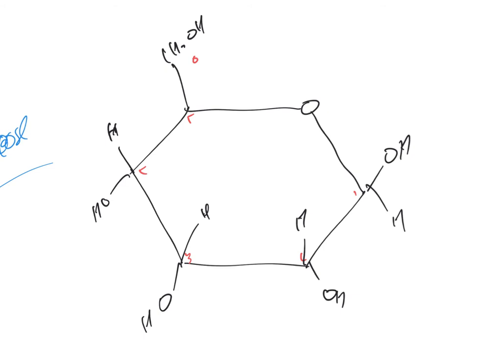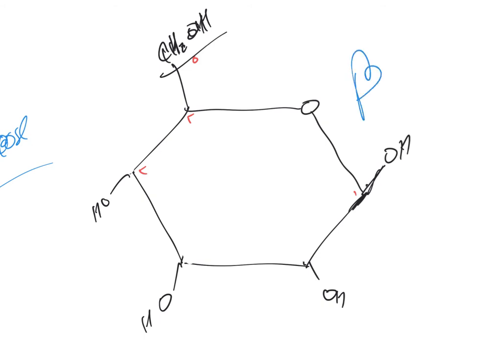I can also just simply do that, that's fine too. So I don't need these extra H's. I can erase them. Okay? I'm being sloppy here because the pictures are good and well drawn on the PowerPoint. So this is beta. This is your beta glucose.